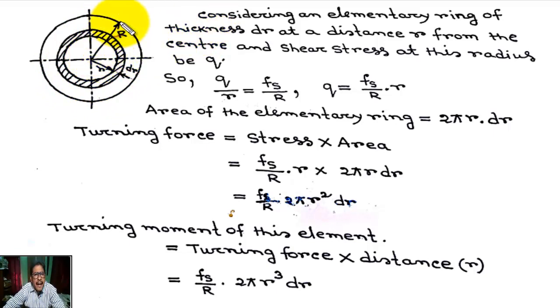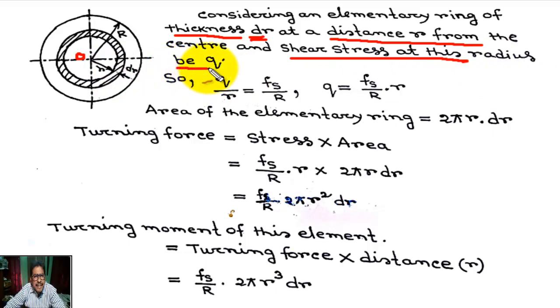Here the surface radius, the outer radius, is capital R. Considering an elementary ring of thickness dr at a distance r from the center O, and the shear stress at this radius is q.